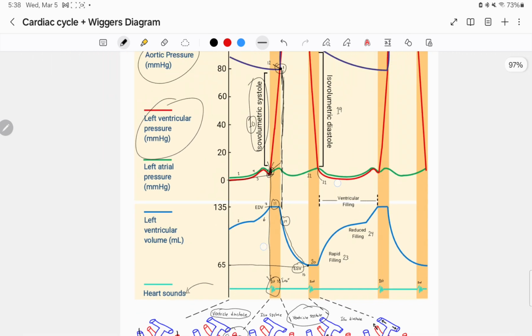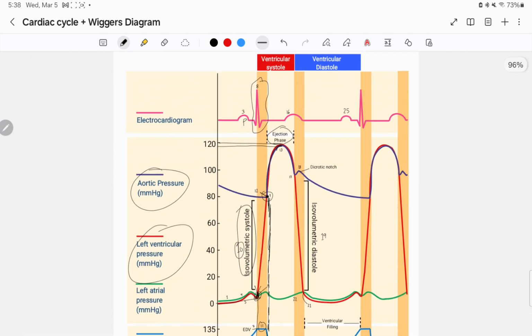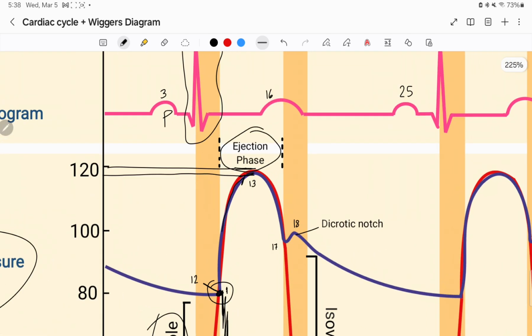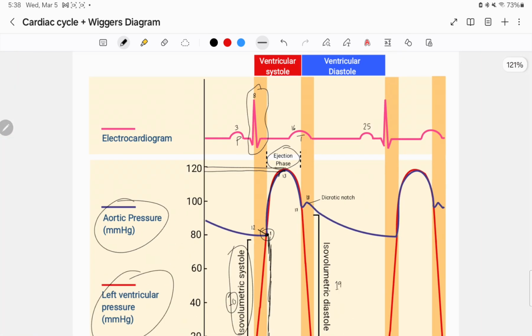Well, the next phase, you guys probably are screaming it out at me, is the T wave, number 16. Number 16, guys, is the T wave. And if you remember from the cardiac cycle video, the T wave is the ventricular repolarization wave. And in this scenario, you'd want to see a couple of things, and I'll talk about them.